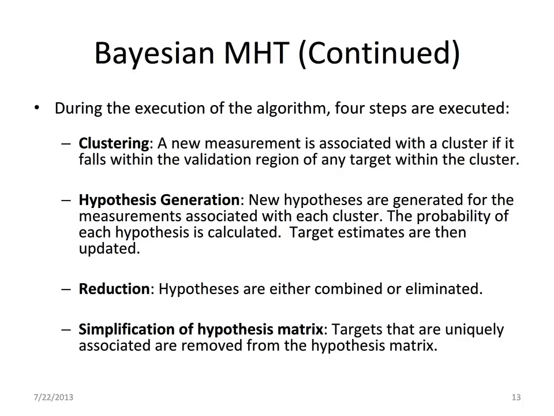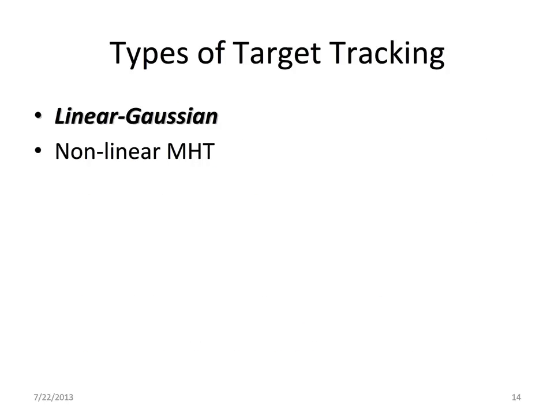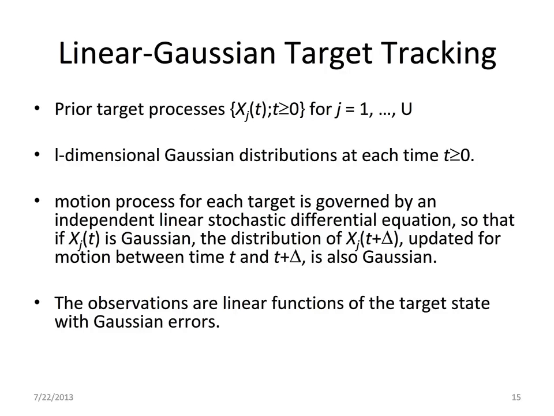So the target's probably in motion for any number of targets 1 to capital U, where capital U represents the number of targets. I mentioned for purposes of this research paper that subscript j would just be 1 because we're looking at tracking an individual target, not multiple targets.